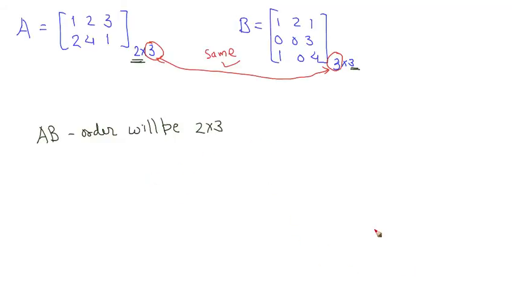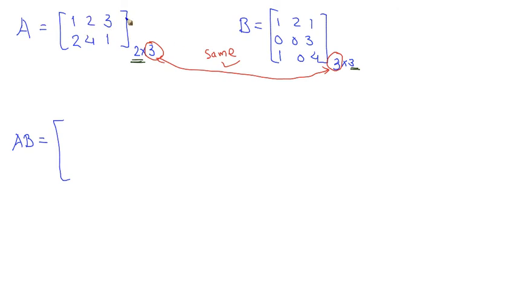Let us understand by an example how to multiply A with B. A will be a 2 cross 3 matrix. Now we multiply these two matrices. How do we multiply? By the formula, the entry is A_ik B_kj. So the first entry of this and the first entry of this. On the matrix A we go row wise, and on the matrix B we go column wise.